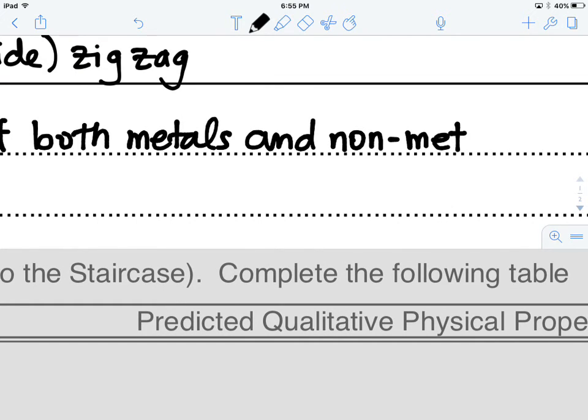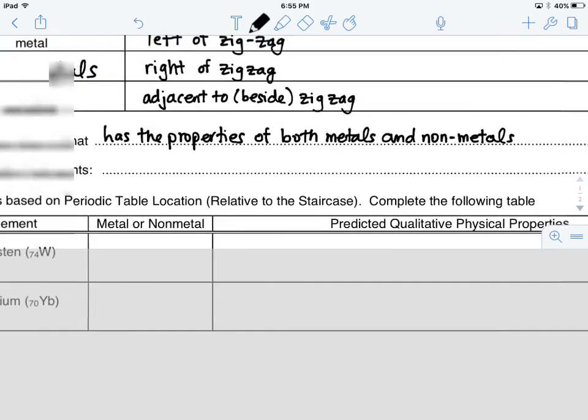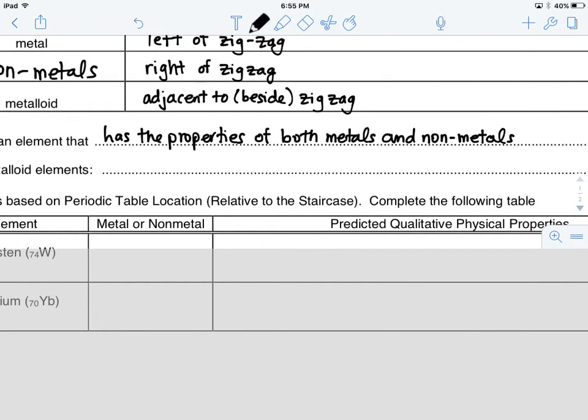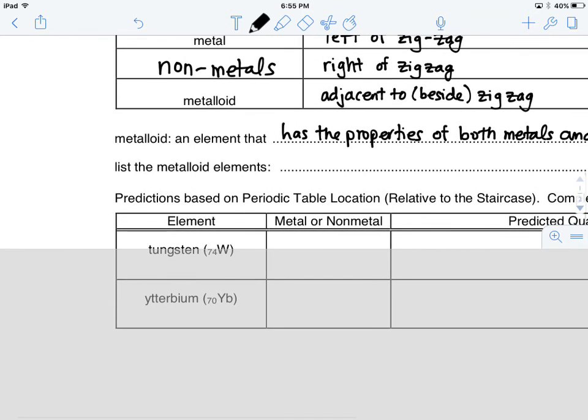It's a special class that has either in-between properties or some properties of metals and some properties of nonmetals. And what I'd like you to do, using your textbook, is list the metalloid elements. And we will take this up when we get into class.